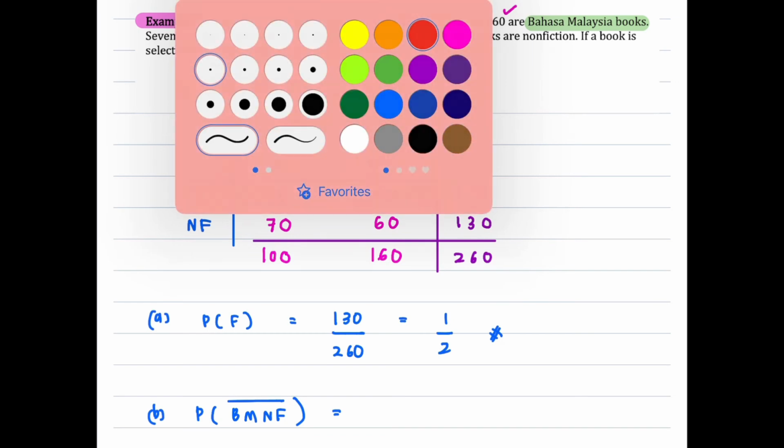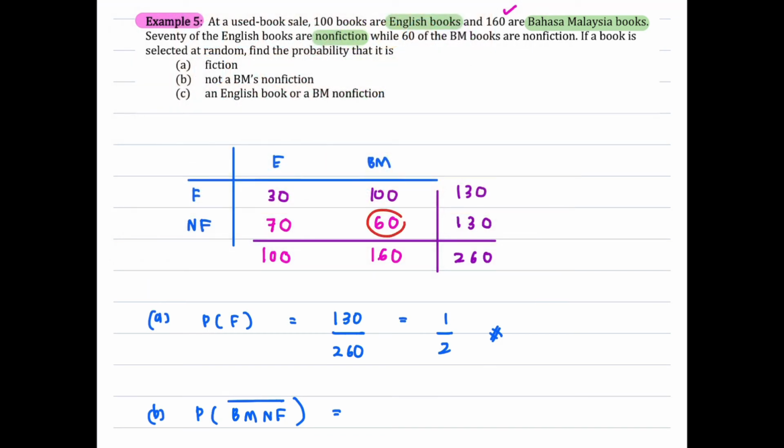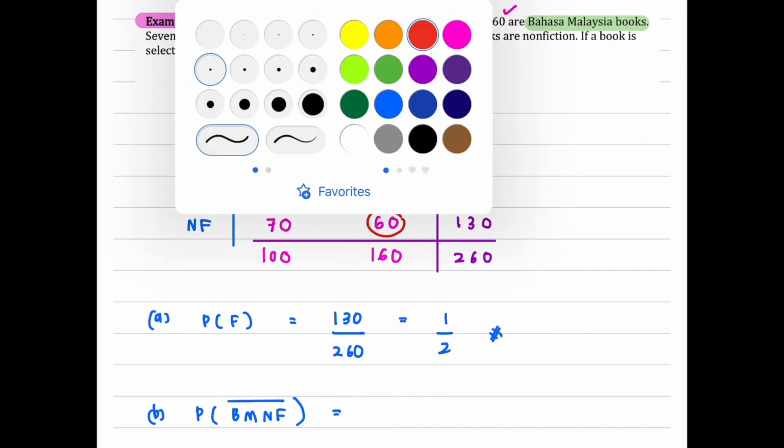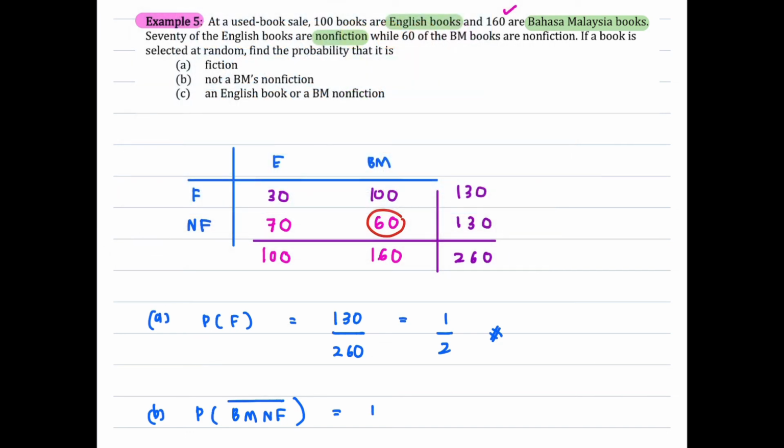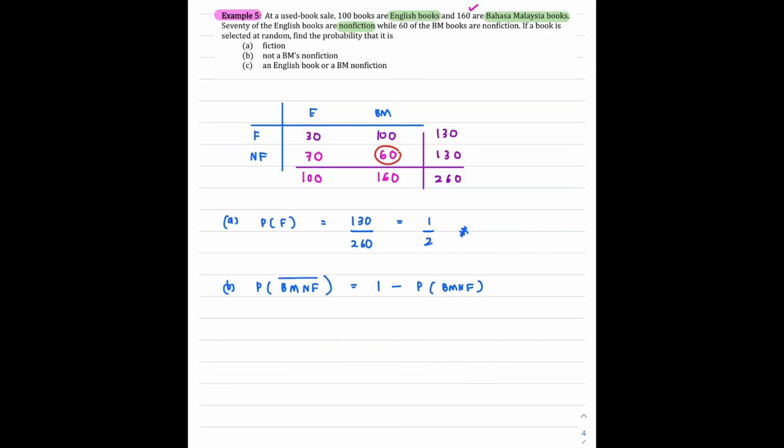You can use the complement event, which is 1 minus the probability of BM non-fiction. So 1 minus how many BM non-fiction? 60 over by 260. So total will be 10 over by 13. That is your answer for part B. Use the complement event concept.